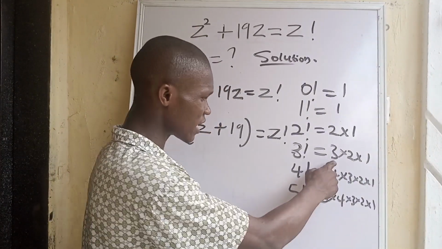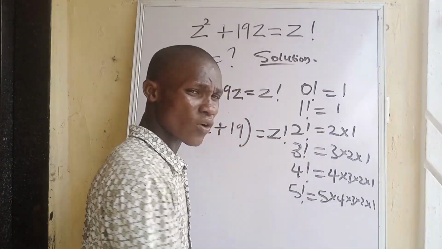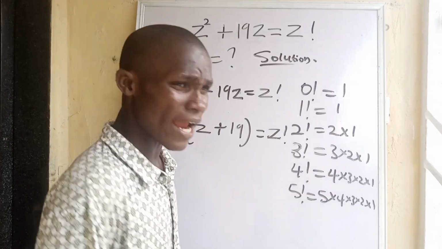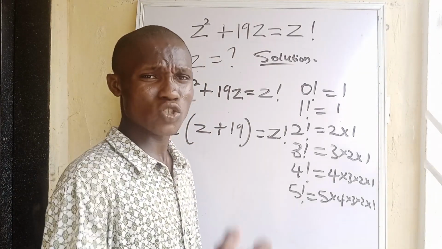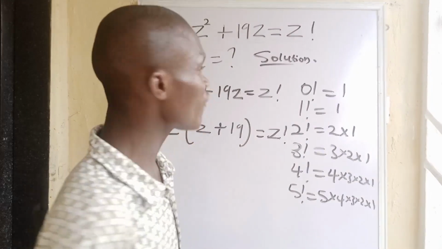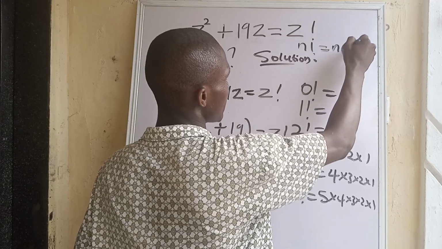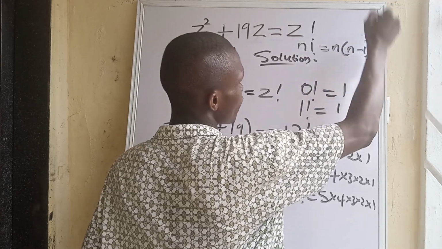You can see 3 then decreases to 2, 2 then decreases to 1. So the general formula is n factorial equals n times (n minus 1) factorial.